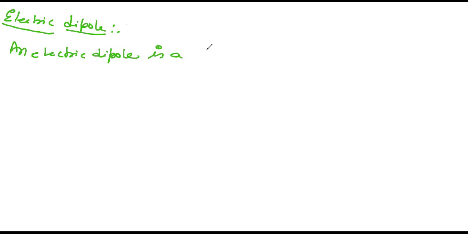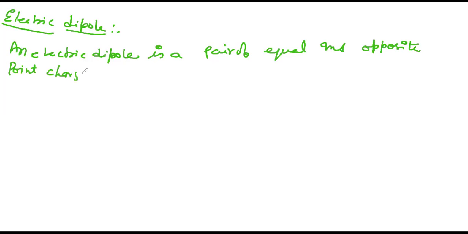An electric dipole is a pair of equal and opposite point charges placed at short distance apart. This is the definition of electric dipole.